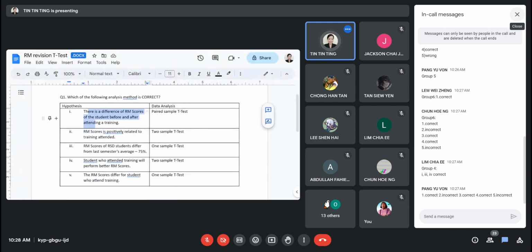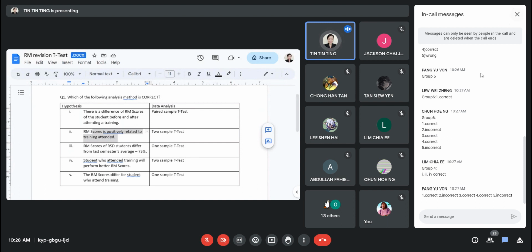So one is correct. The score is positively related to the training attended. We do not compare, so this one is incorrect. But what can we use to test this? Positively related.